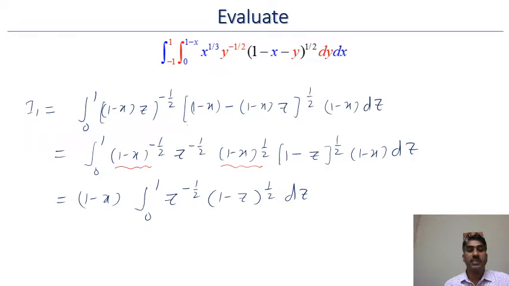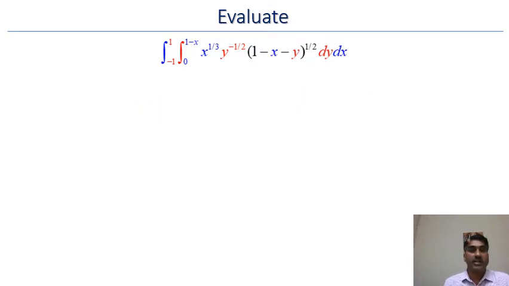So this we can write as (1 minus x) beta of 1 by 2, 3 by 2. Now beta of 1 by 2, 3 by 2 is a constant, so we have evaluated I1 as (1 minus x) times this beta. The value of beta will be calculated separately, and we put I1 in the integral I.